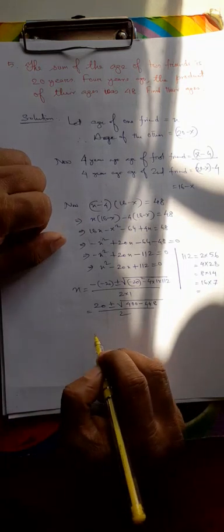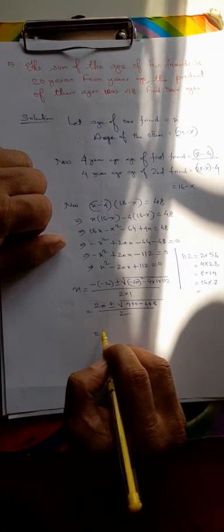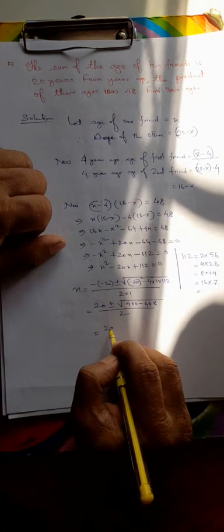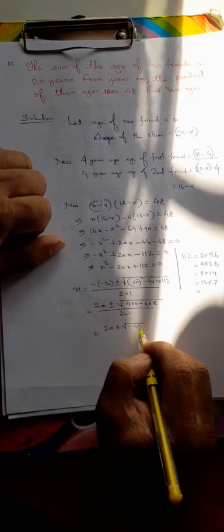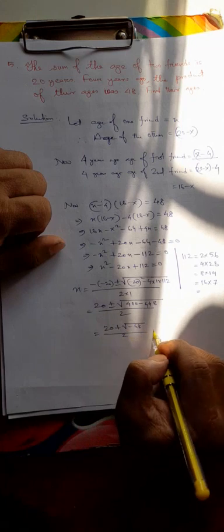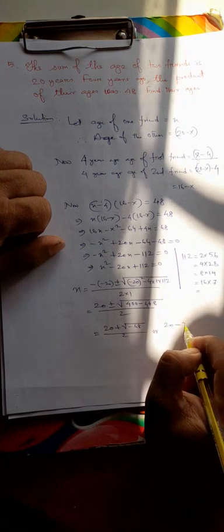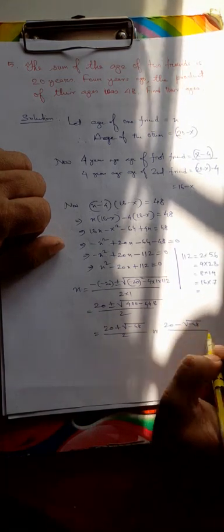Now you see that the roots are 20 plus square root of minus 48 divided by 2 or 20 minus square root of minus 48 divided by 2.